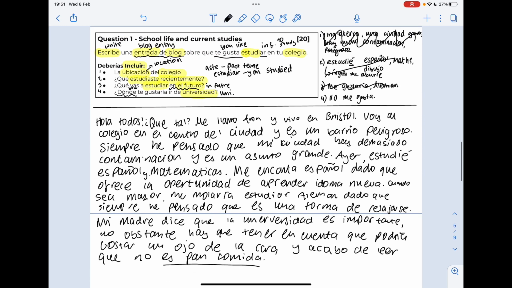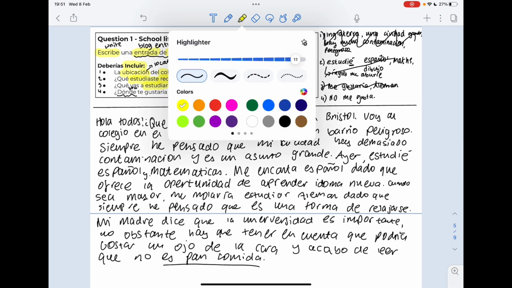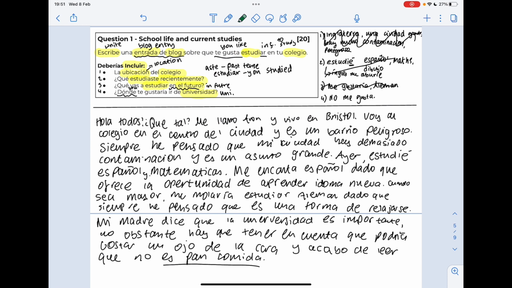Now, I'll tell you what's really good about this answer, and I'm going to highlight them in green. There's one tense there. There's another tense there. Another tense there. Present tense there. Another tense by here, the future, conditional.